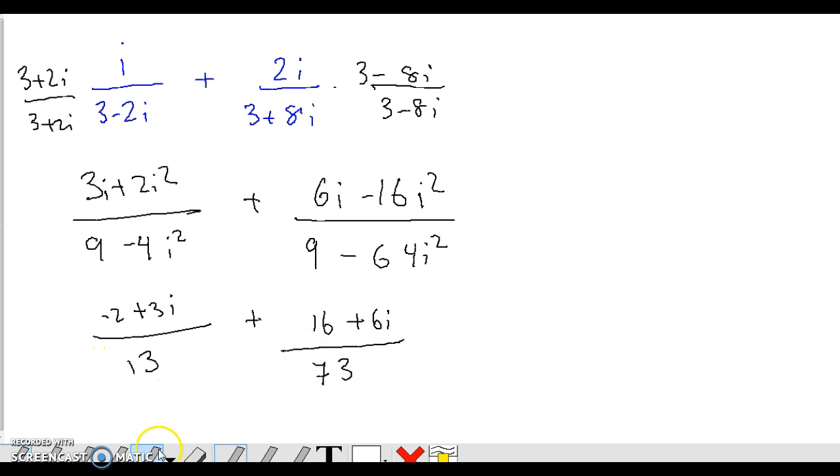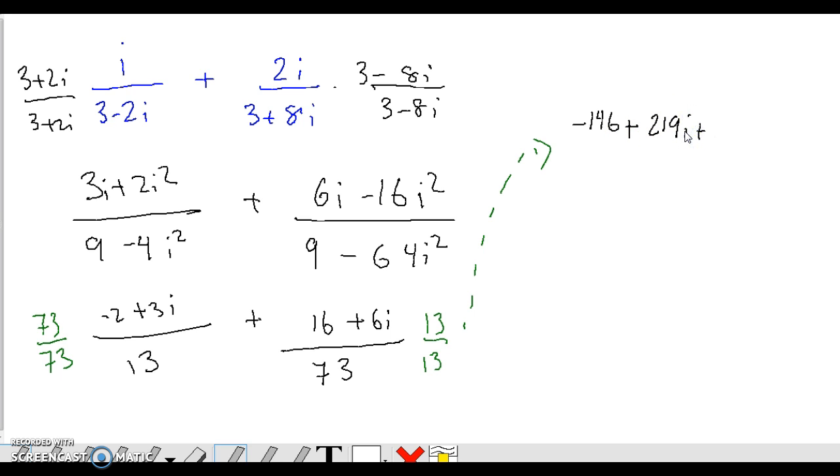Perfect. So what can I do next? Common denominator. So I'd multiply 73 on top and bottom, 13 on top and bottom. So 73 times 2. Let's put it all over here. So that's going to be a negative 146. And then plus 3 times 73, so 219i.